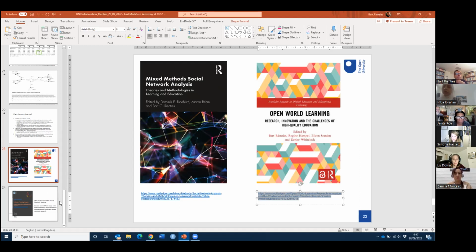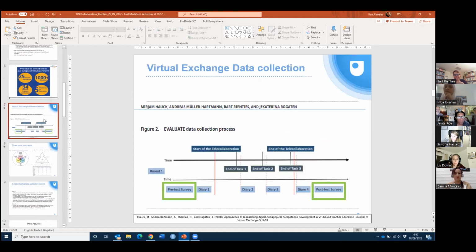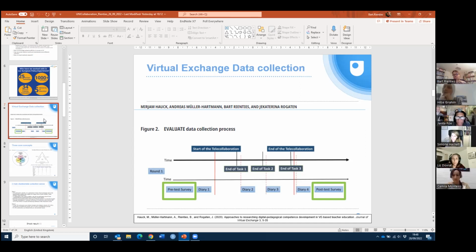So if I'm still sharing the screen, the control group basically just continued studying at their normal degree in their normal institution over the 65 days. The only new thing that the virtual exchange participants did was, in addition to their normal day-to-day program, they were involved in these 3 authentic tasks where they worked together with people from wherever the virtual exchange was.